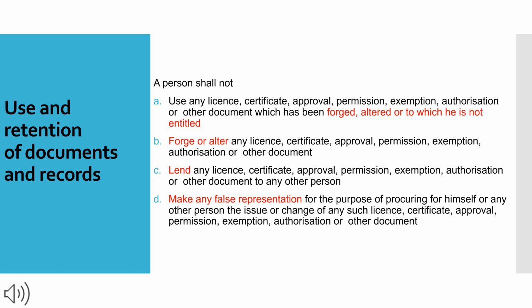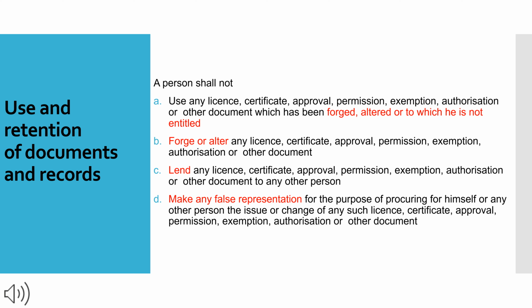Use and retention of documents and records. A person shall not use any license, certificate, approval, permission, exemption, authorization, or other document which has been forged, altered, or to which he is not entitled. A person shall not forge or alter any such document.